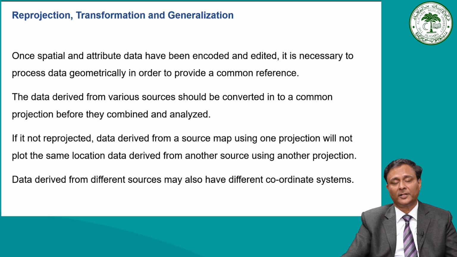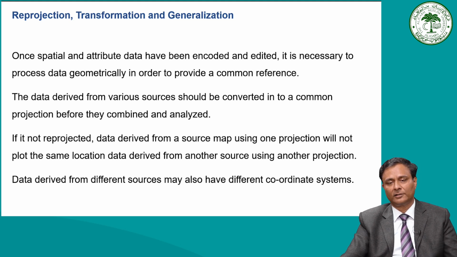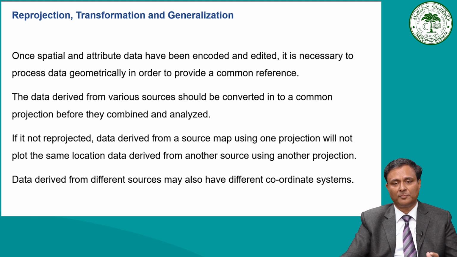Now, this is required because, as we have discussed earlier also, in modern day digital format, we have a large volume of data. To cut short the volume, we sometimes do generalization of the digital data.